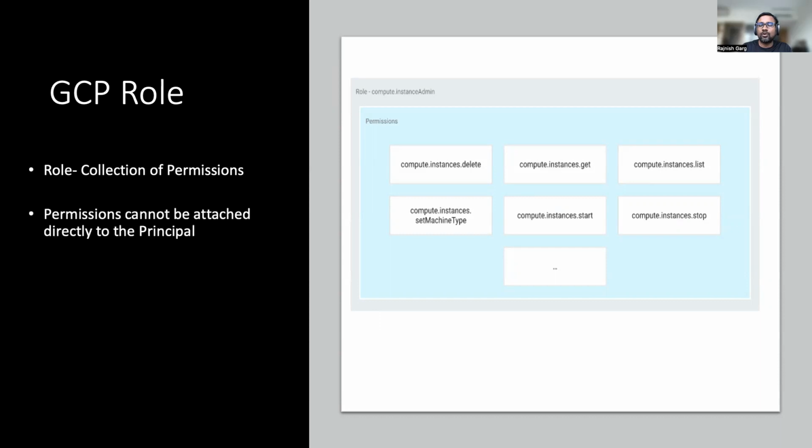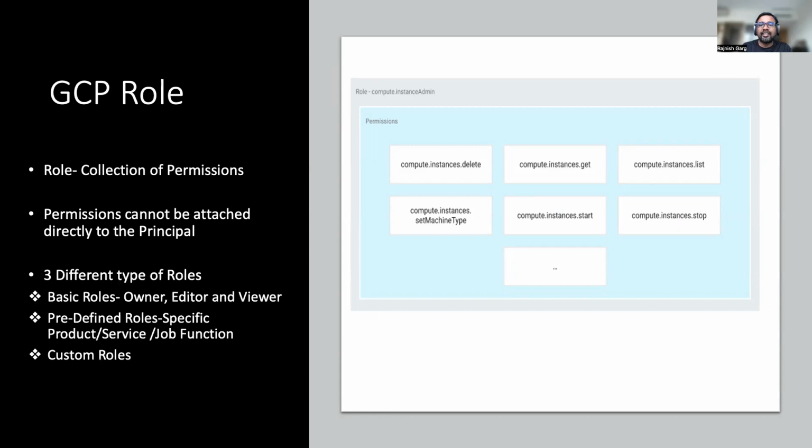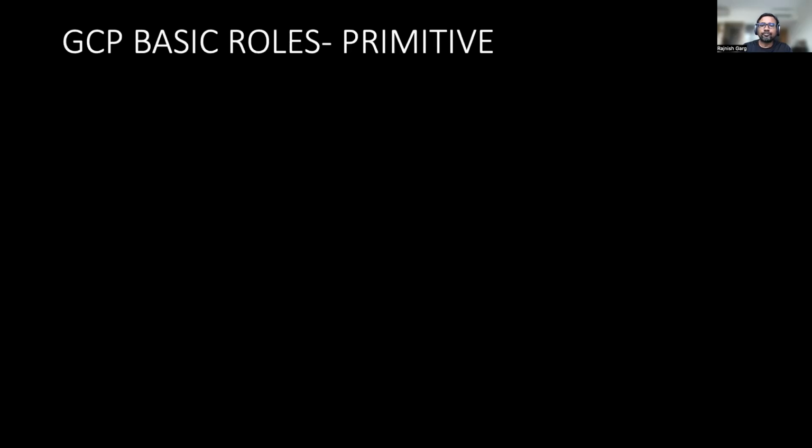One thing to take note of, you cannot assign these permissions directly to the GCP identities or principals. Only roles can be assigned. There are three different kinds of roles that exist in GCP: basic roles, predefined roles, and lastly custom roles. So let's look into all these roles one by one.